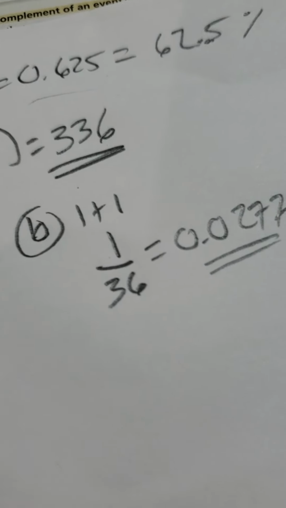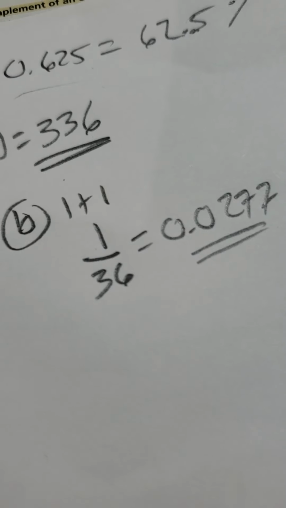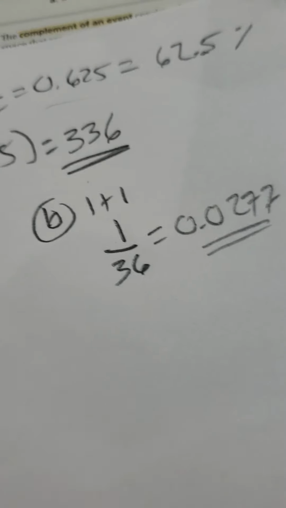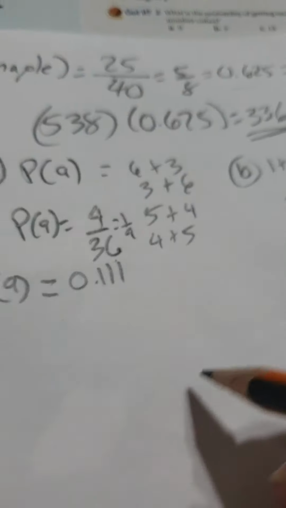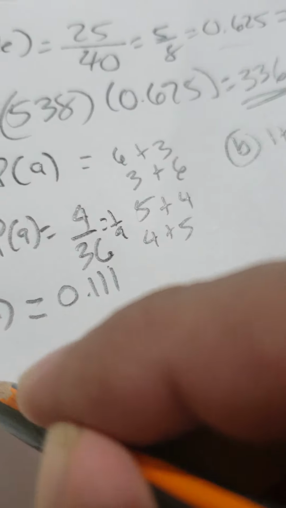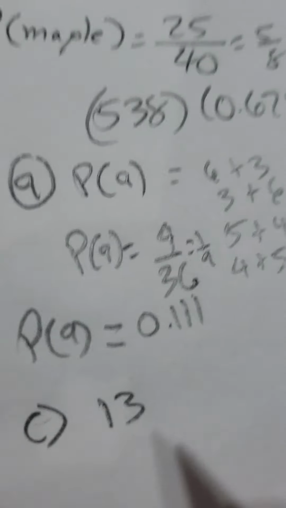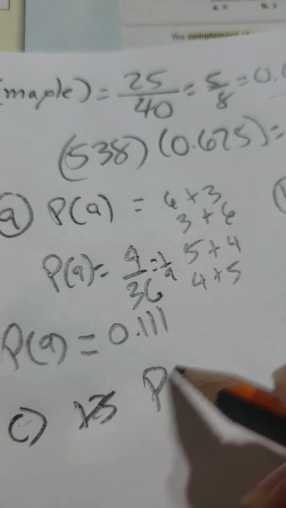Now, the other result we may have is number 13, as it says here. How do we get a 13? That means P of 13.